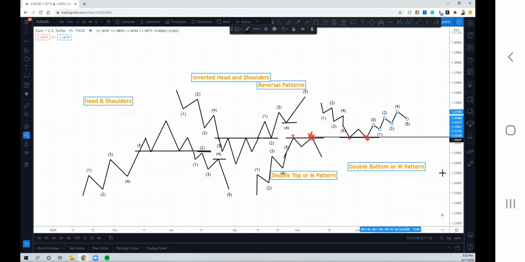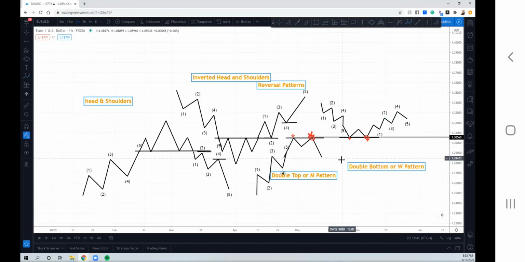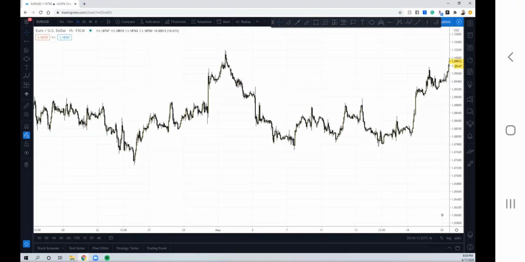So let's see how we can see these in the actual market. Here we have EUR/USD. EUR/USD had this little head and shoulders pattern form, and these reversal patterns will not look as perfect as I showed you in the last clip, but they will come pretty close.